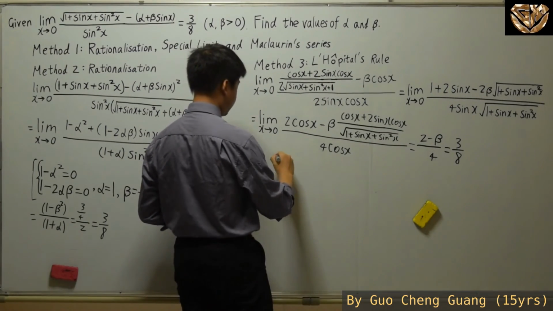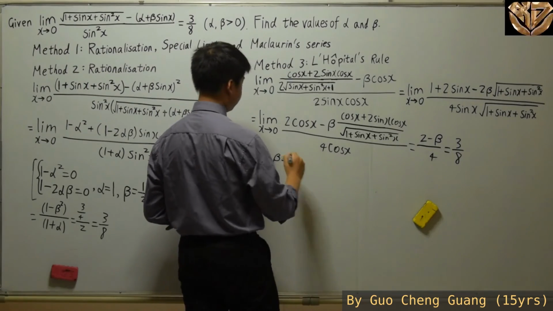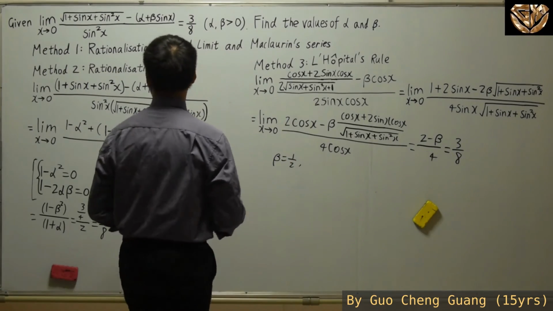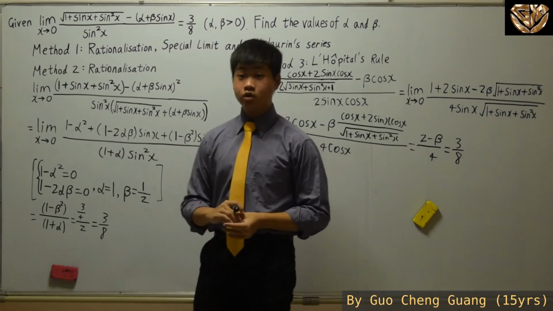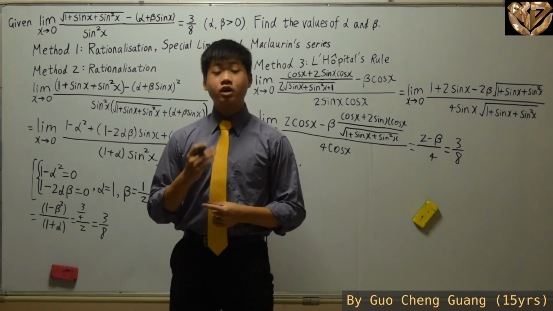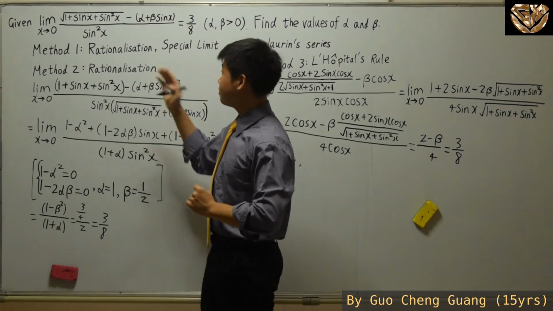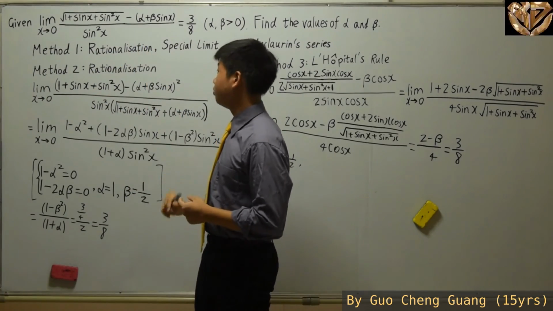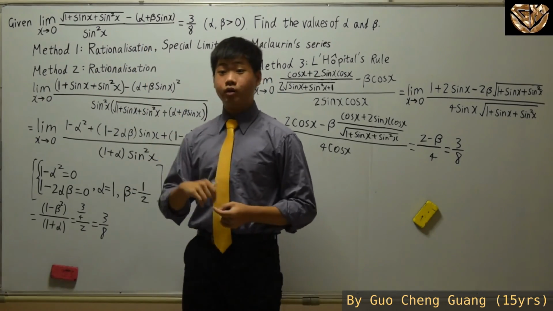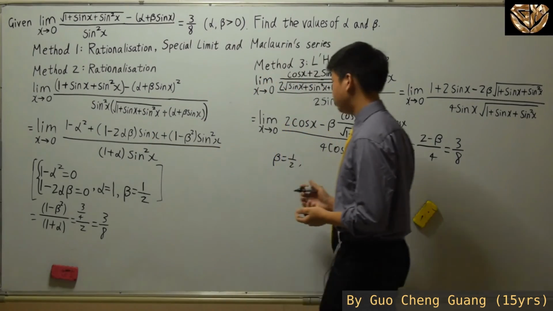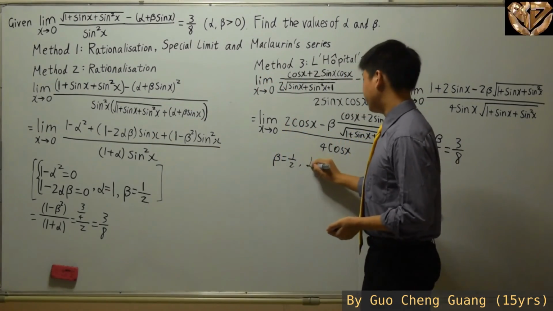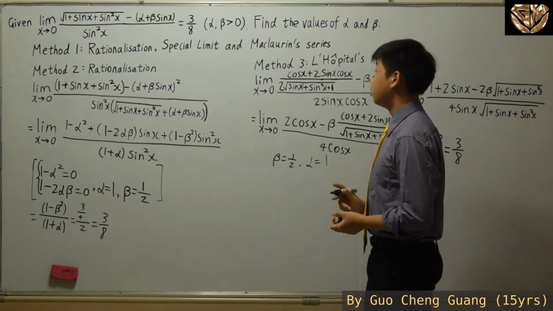Alright, so beta is half, but what is alpha? For alpha, you have to go back to the original question and think about it. It is a 0 over 0, but if you substitute x in the numerator, you're going to have 1 minus alpha. And since 1 minus alpha has to be equal to 0, that means alpha has to be equal to 1, alright?